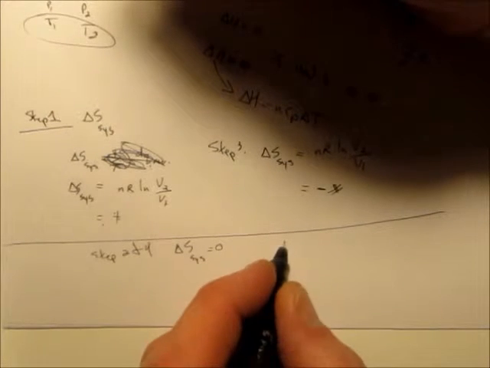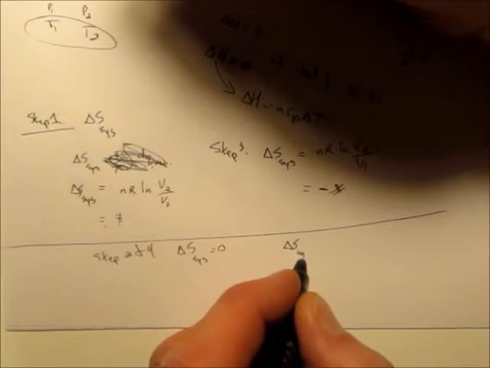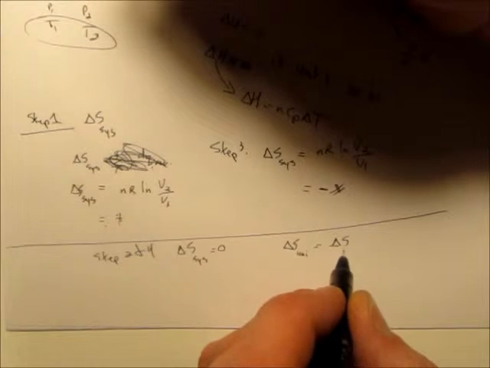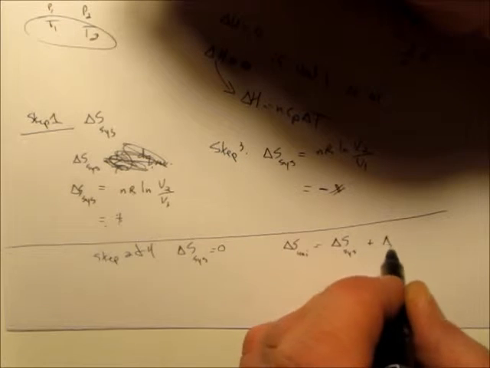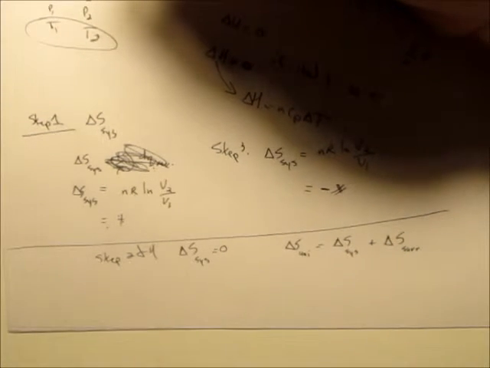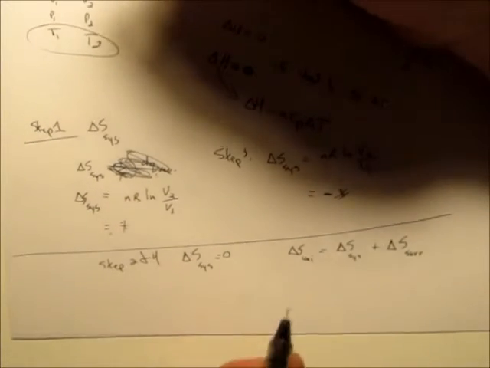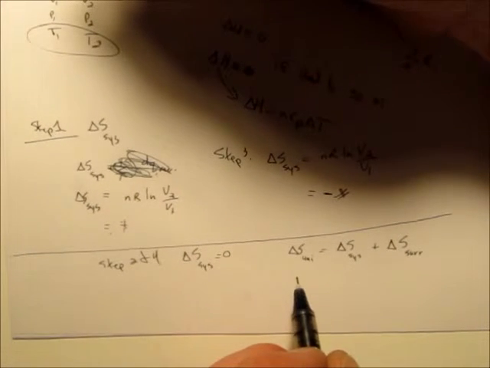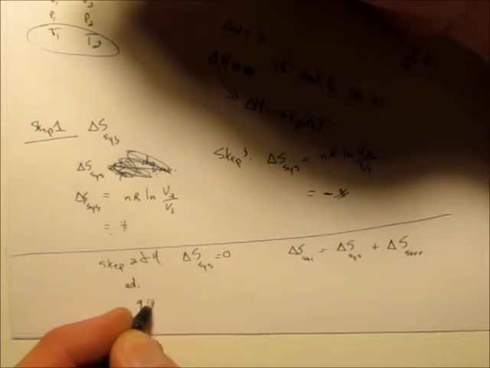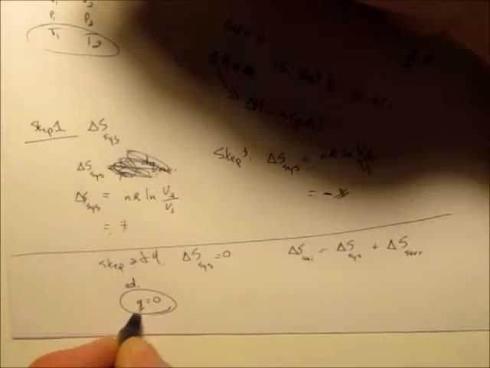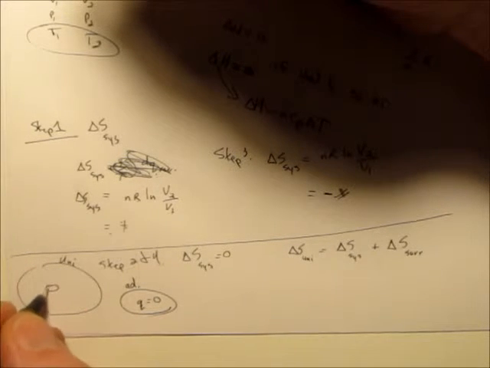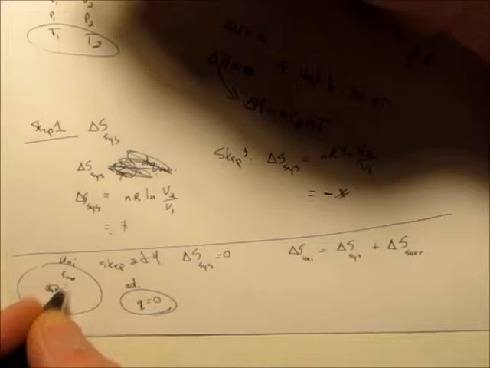Well, first of all, one of the logical ways is looking at system plus surroundings. Steps 2 and 4 are adiabatic, and what that means is there is absolutely no heat transfer between the system and the surroundings.